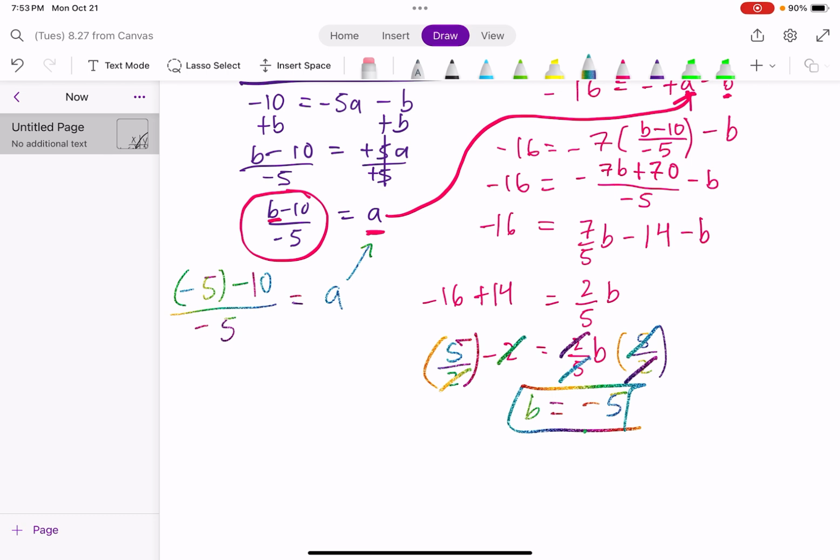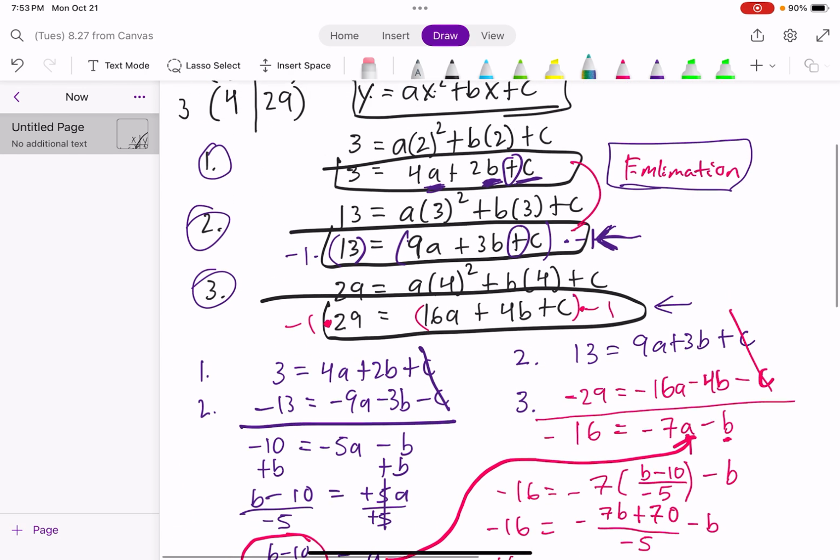Negative 5 minus 10 is negative 15, and it's all over negative 5. Negative over negative is a positive. And you know this is 3. That's your a value. All right, 15 over 5 is 3. So far we have our a value, we have our b value.